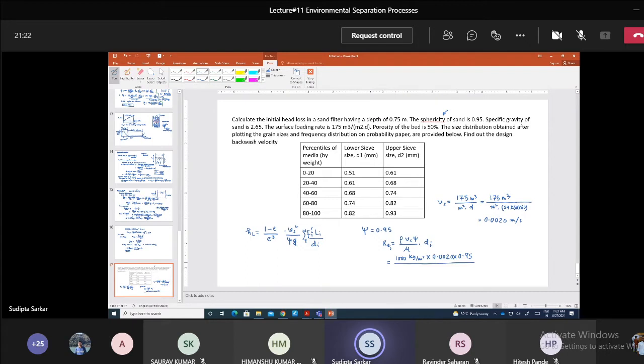Mu is 1.3 into 10 to the minus 3 kg per meter second, and this is multiplied by Di. So can you please calculate it for me?